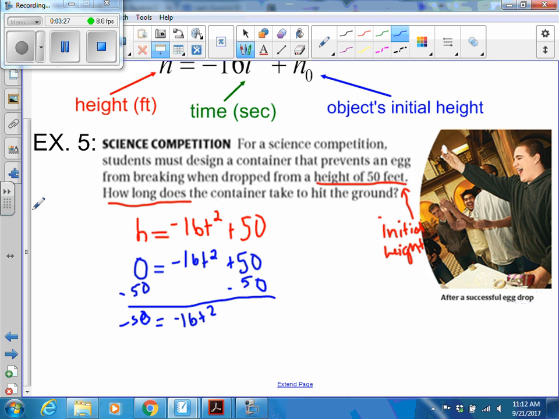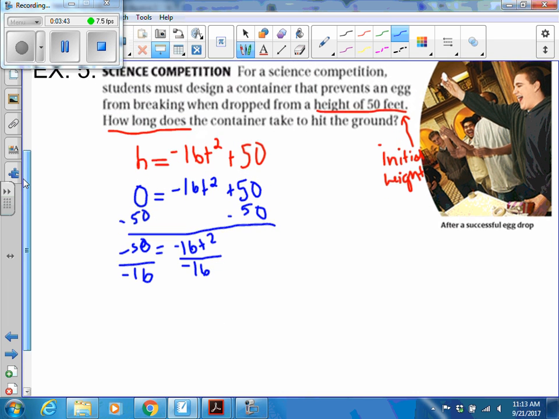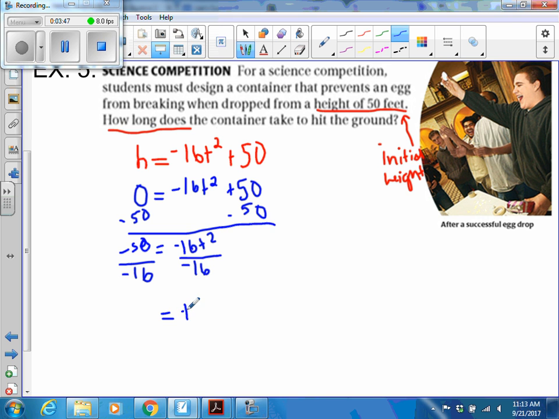There we go. Okay, our next step is, once again, we've got to get t squared all by itself. So to do so, we're going to get rid of this negative 16 by dividing both sides by negative 16. Now here you are going to get a decimal, which is okay. So we have equals t squared. In your calculator, just make sure you do negative 50 divided by negative 16.